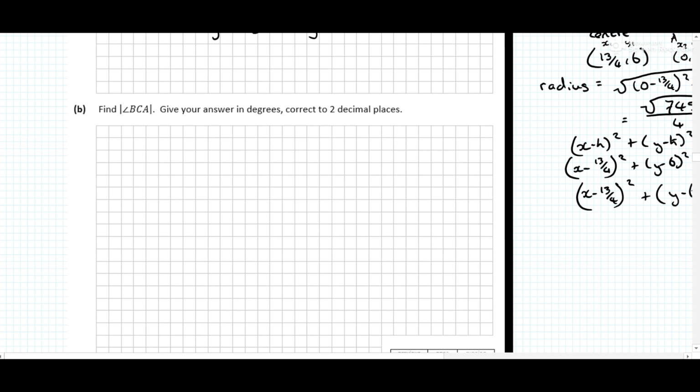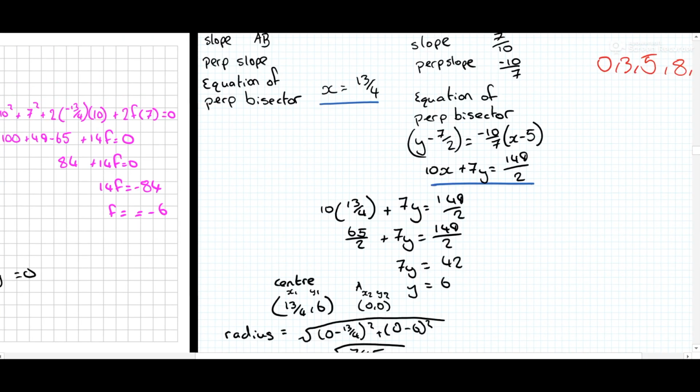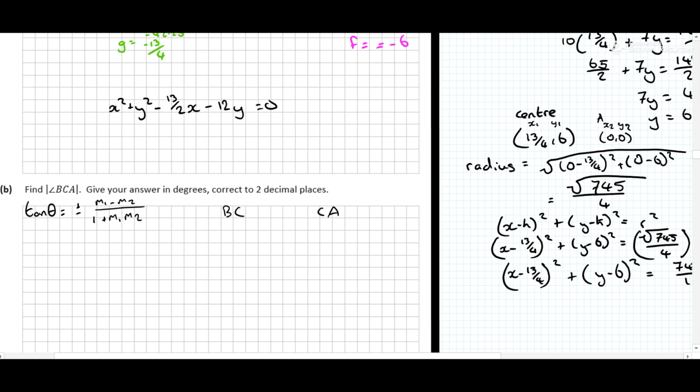Okay, so that formula again is tan theta is equal to plus or minus m1 minus m2 all over 1 plus m1 m2. So we're going to need the slope between B and C and A. C and A, we already know that from up here. Slope between AC, 7 over 10.